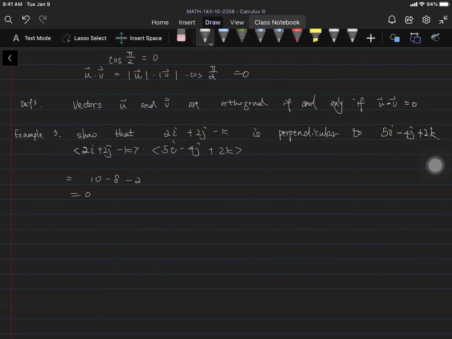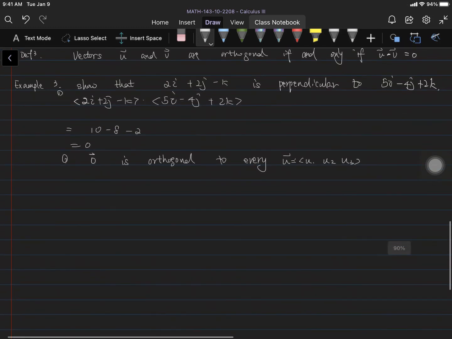Next, let's take a look at this one. The zero vector is orthogonal to every vector. If u is (u1, u2, u3), this is in 3D, but it can also be in n dimensions, it doesn't matter too much.